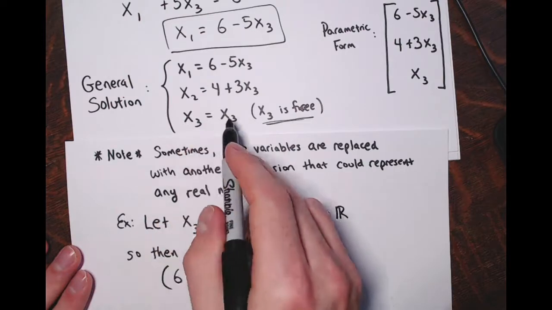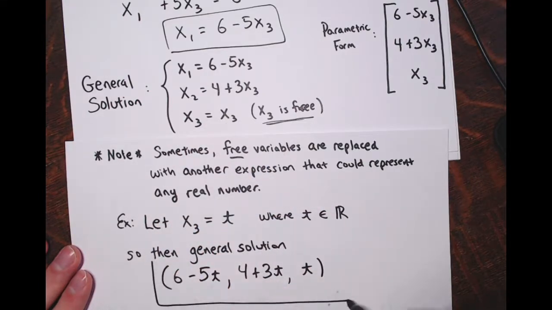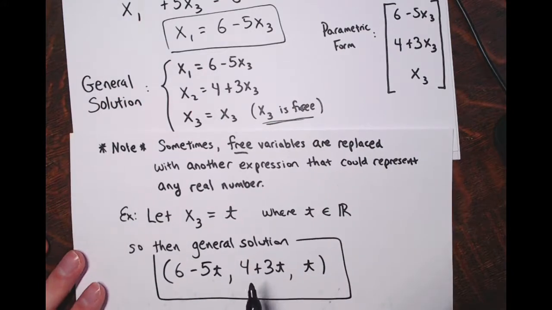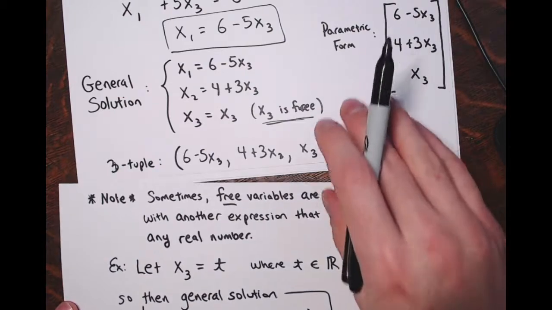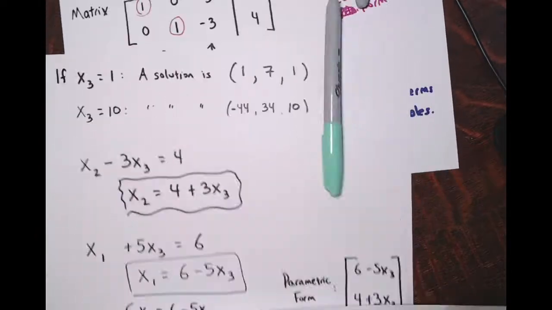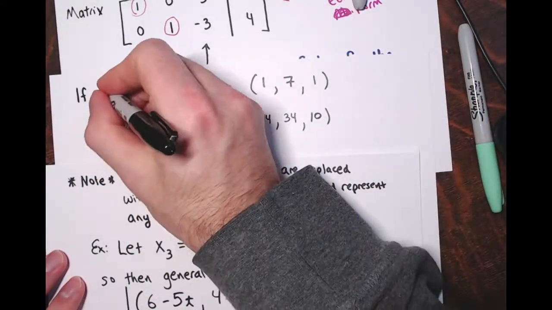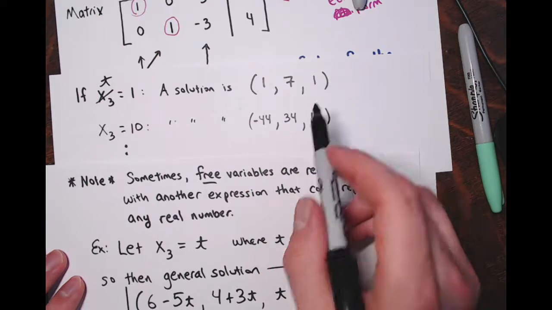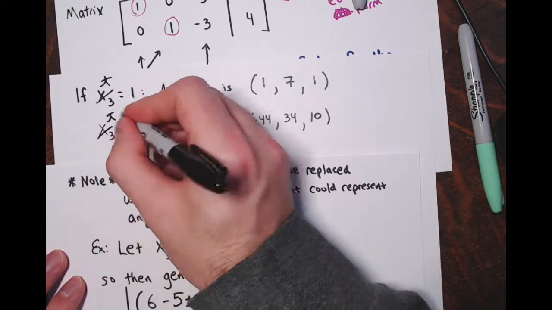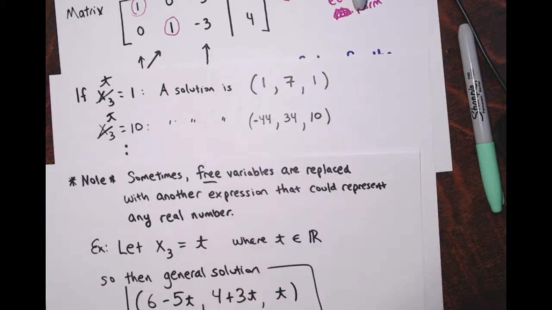And x3 is just t. Then you just replace t with any real number. If I replaced t with 1, I get the solution 1, 7, 1. If I replace t with 10 here, I get the solution negative 44, 34, 10.